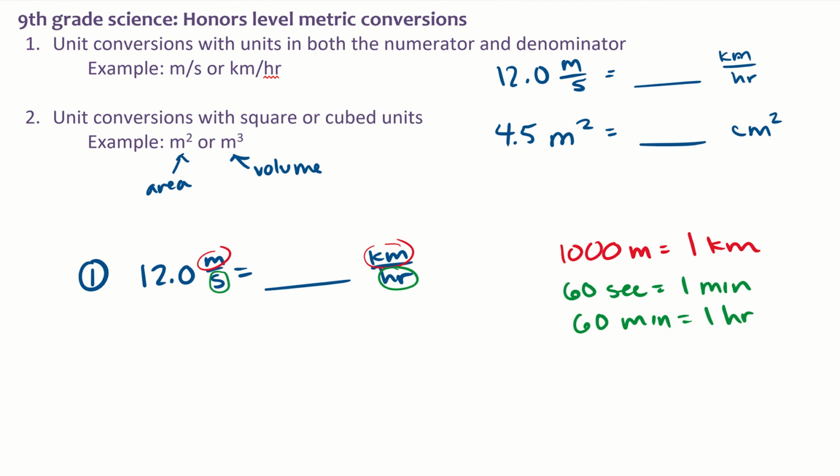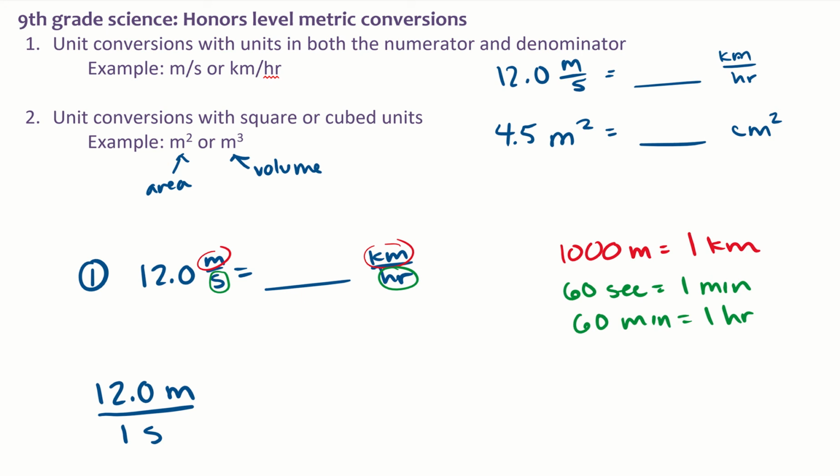Okay, so the way I want to start this problem is I want to write it out as sort of like a fraction. Okay, so I know 12 meters per second. That means that I travel 12 meters in every 1 second. Okay, so you see how I've written it with my meter units in the top of my fraction and my second units in the bottom, and I've added a 1 there in the denominator, because basically that's what 12 meters per second means. It means 12 meters are traveled in every 1 second.